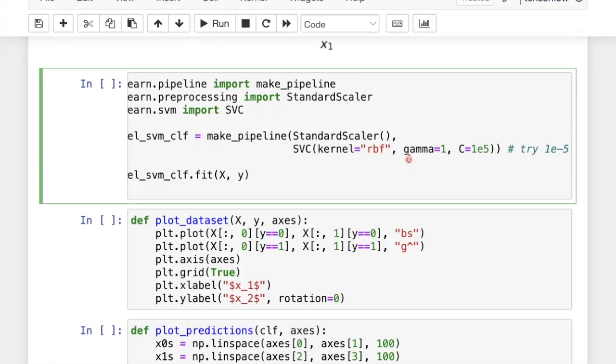In this case, for the kernel function, we have a gamma parameter. So we have to set some values for gamma and also for this C. First I'm going to put C to 10 to the power of 5, 100,000. This means that we do not want to regularize right now. We want to solve this problem as best we can, where we correctly classify points with no margin violations.